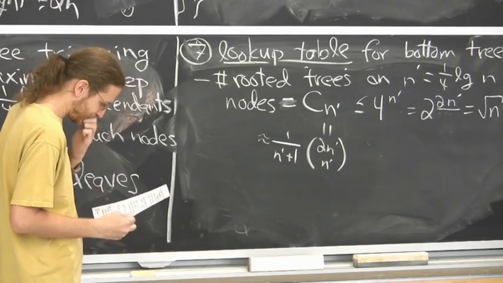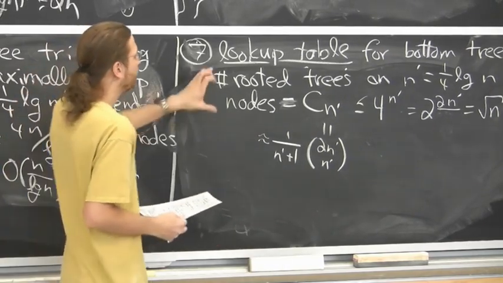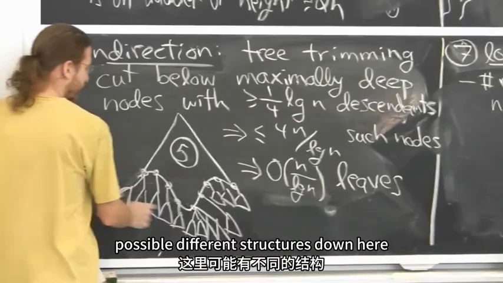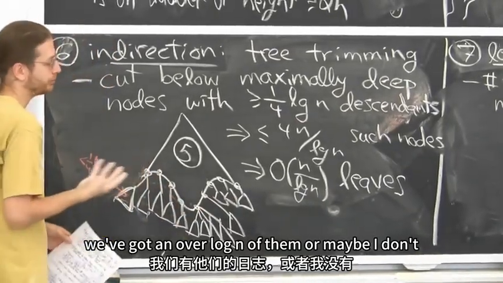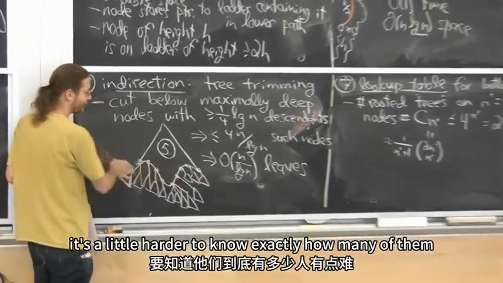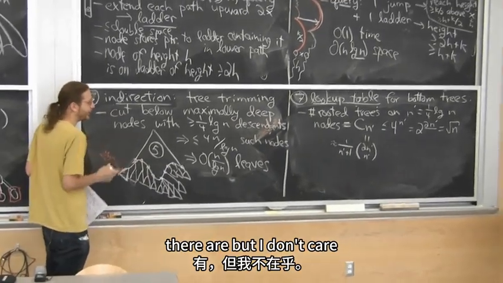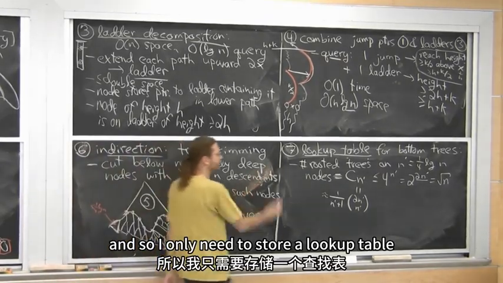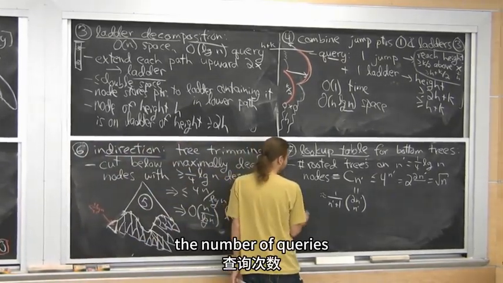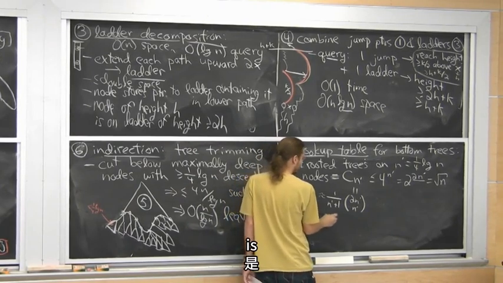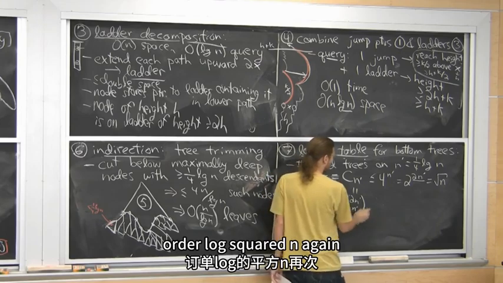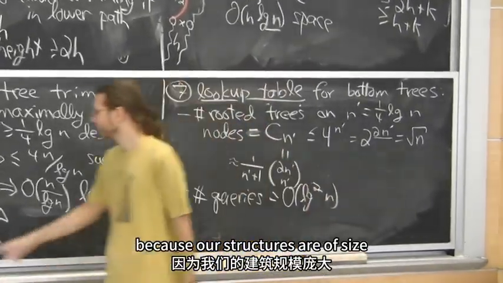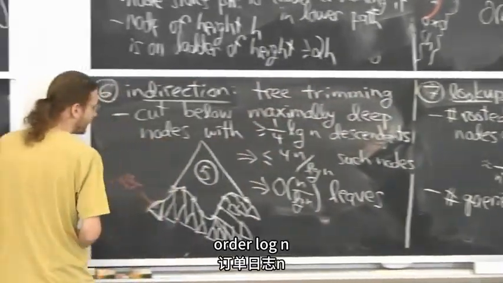Cool. So we're almost done. We have root n possible different structures down here. We've got n over log n of them, or maybe... I don't know. It's a little harder to know exactly how many of them there are, but I don't care. There's only root n different types, and so I only need to store a lookup table for each type. The number of queries is order log squared n again, because our structures are of size order log n.